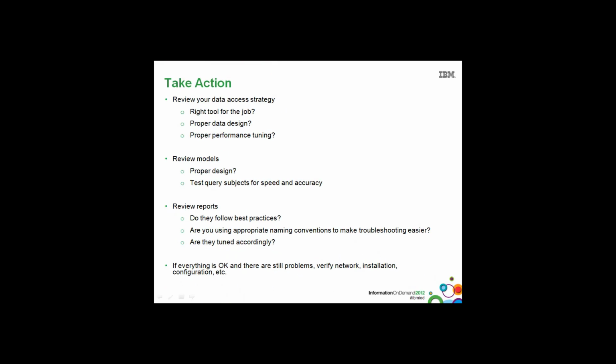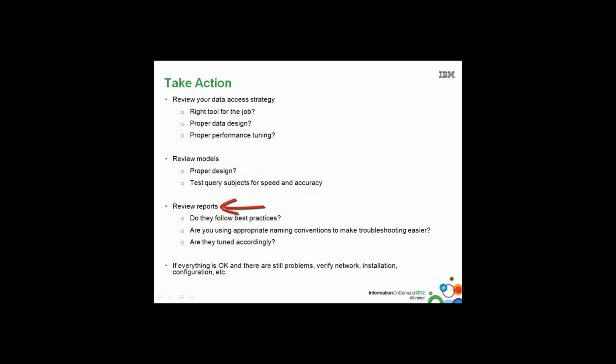With the knowledge you've gained in this presentation, and if you have poorly performing reports, you may want to go back and review your data access strategies. Are you using the right tool for the job? Do you have proper data design? And do you have proper performance tuning in place? You may also want to look at your models and ensure that they have proper design, and test the query subjects for speed and accuracy.